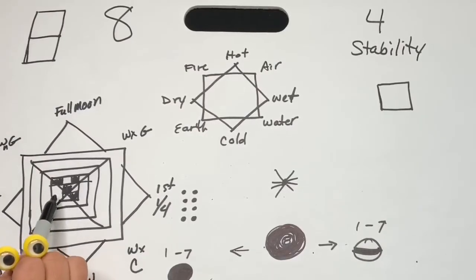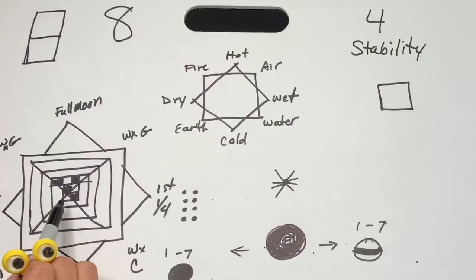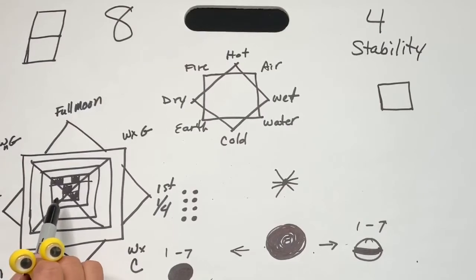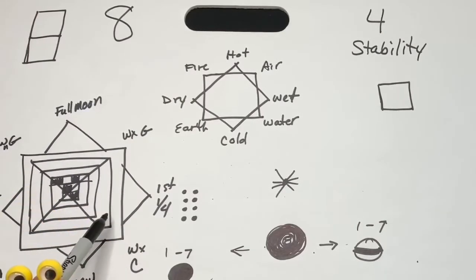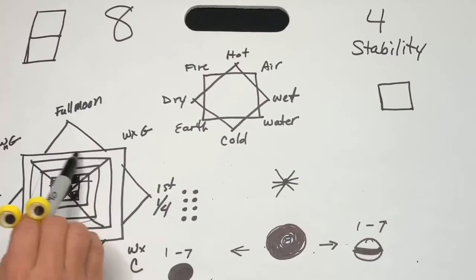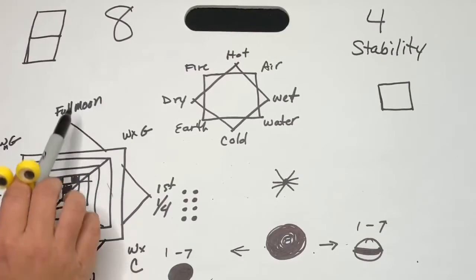And then the chessboard itself is the Earth square with the 28 stations of the moon as its perimeter. This chessboard has the 28 stations of the moon as its perimeter.